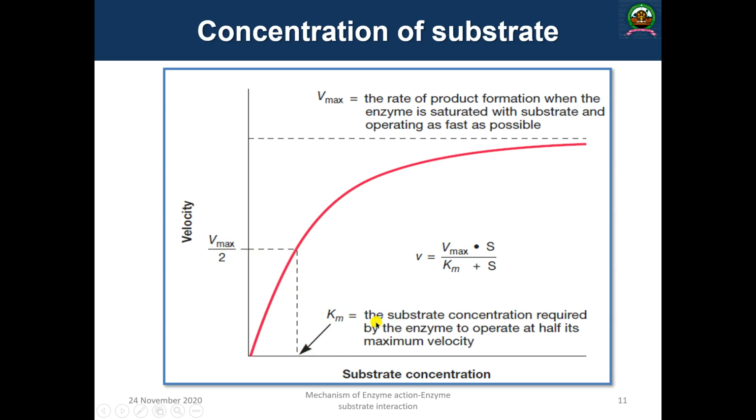This is the constant that clearly tells about the substrate concentration required by the enzyme to operate at half its maximum velocity. When the enzyme is interacting with substrate, the rate slowly increases.